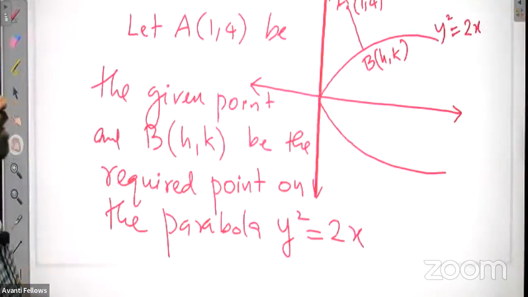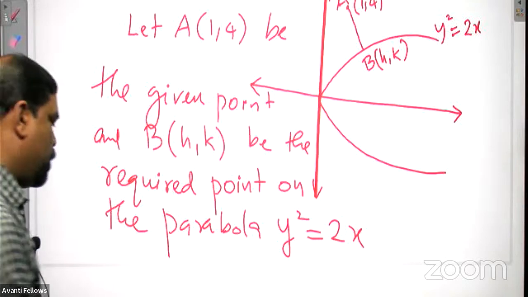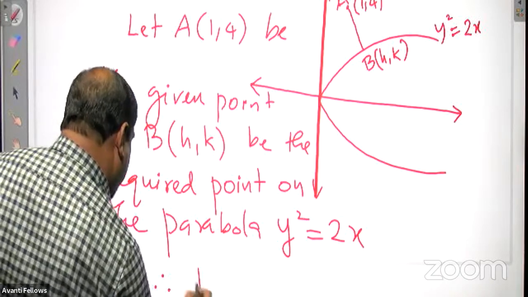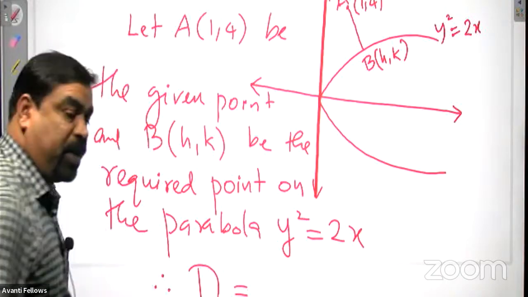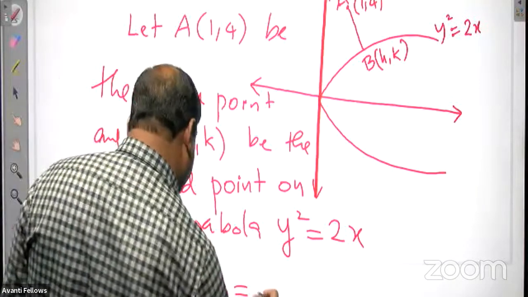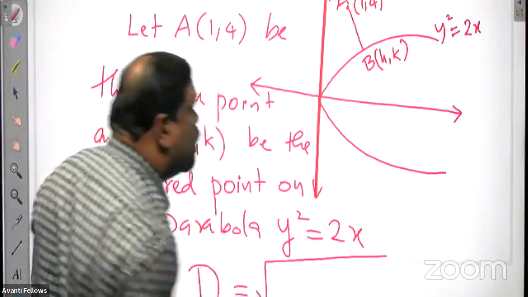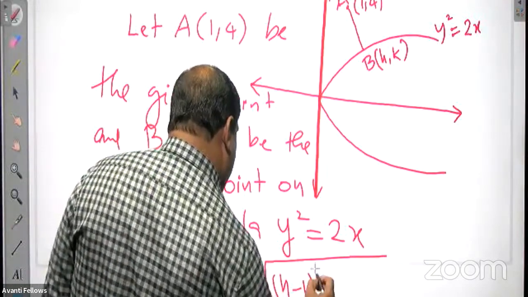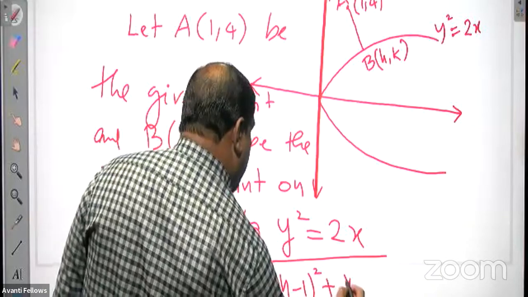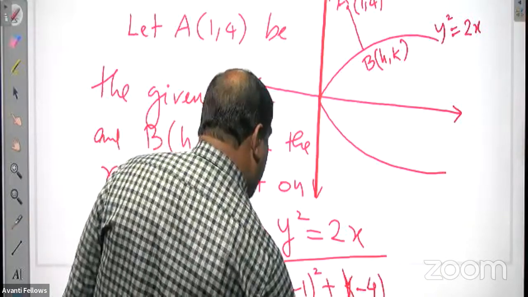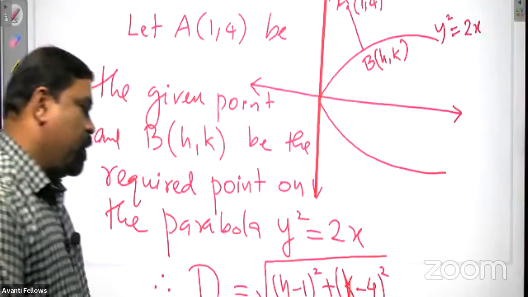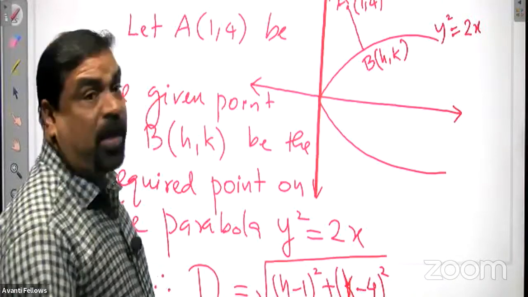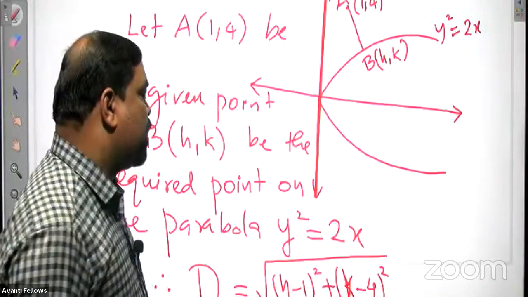Then we have to find the distance AB. Therefore, let us take the distance AB as capital D. The distance D is equal to, you know the distance formula, root of h minus 1 the whole square plus k minus 4 the whole square. Clear?